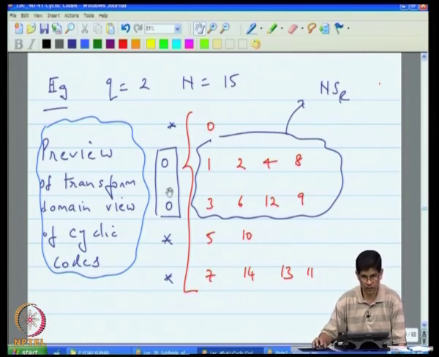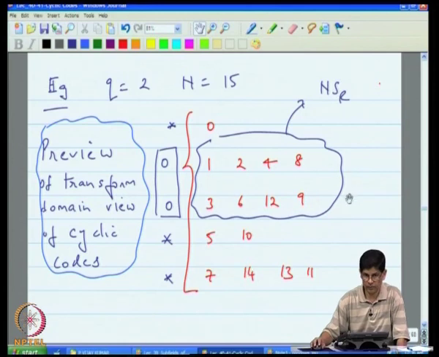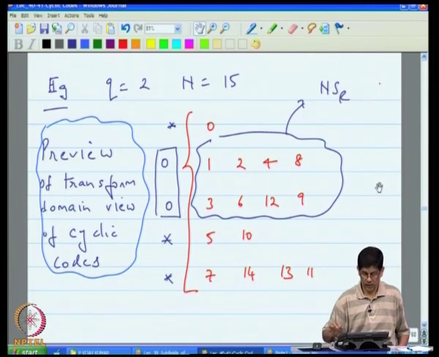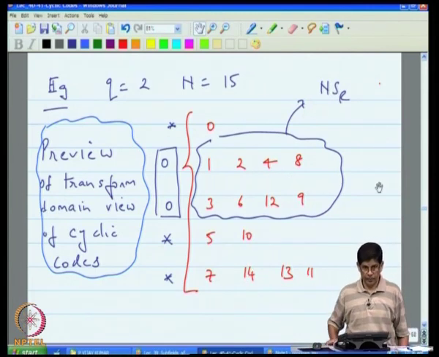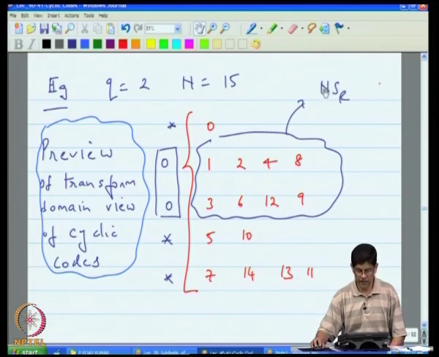Earlier I was saying that picking a cyclic code is exactly the same as picking a bunch of cyclotomic cosets and saying I am interested in all those vectors whose transform values are 0 for every frequency in the union of those cyclotomic cosets that you just picked. It turns out that the particular selection of null spectrum here corresponds to a double error correcting BCH code.